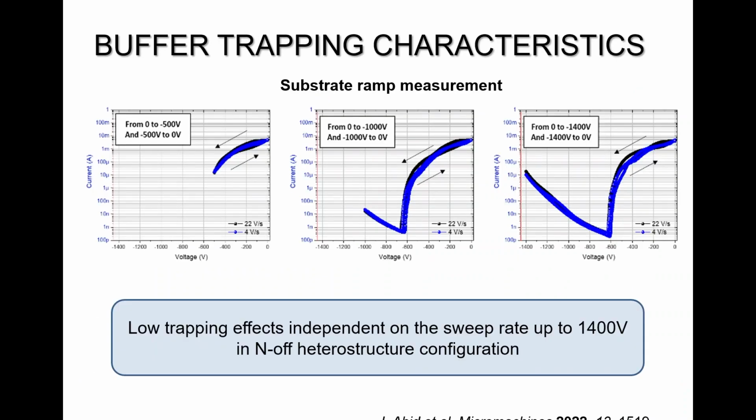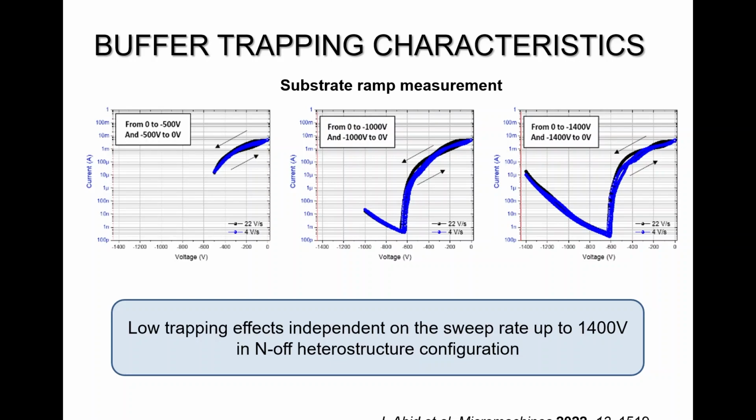And again, very interesting is to verify the substrate ramp with this normally off device. This is 500 volts, a kilovolt, and well above 1 kilovolt, hysteresis is not appearing. That has been published quite recently, by the way. So you can get low trapping at high bias with a lateral device if you control it. Of course, there's a missing part here, because this is just the buffer assessment.